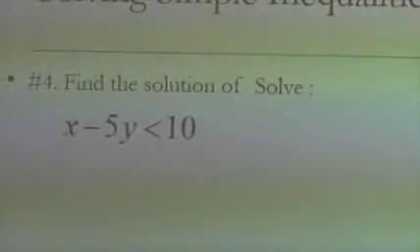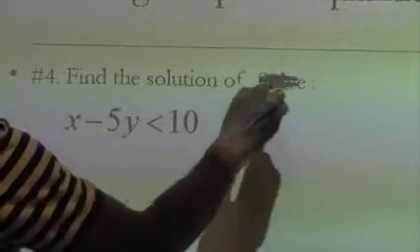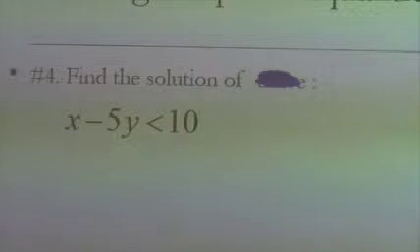Basically, we have to find the solution of this problem. Again, we have to take a different approach. The way this equation has been structured, it is easy to find the x-intercept and the y-intercept. Look here.